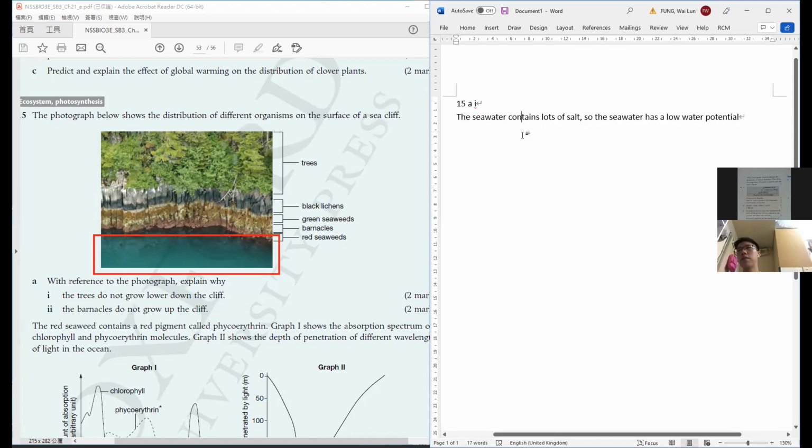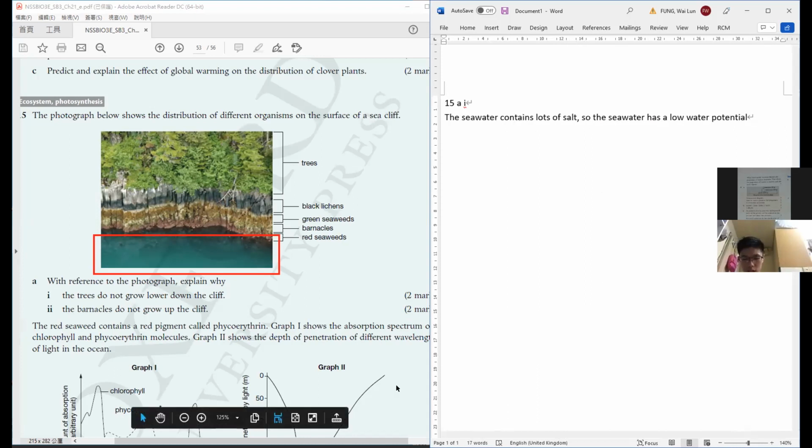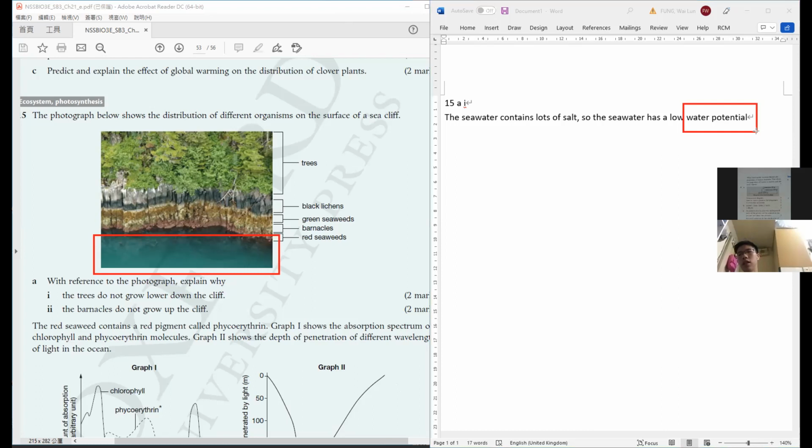Okay, Romana, do you understand what is water potential? This is our basic concept learned in Form 3. Romana? What is water potential? Can you tell me now? Can you explain to me whether you understand something about water potential? You can get your mic. We don't have so many students here. Just use your microphone.